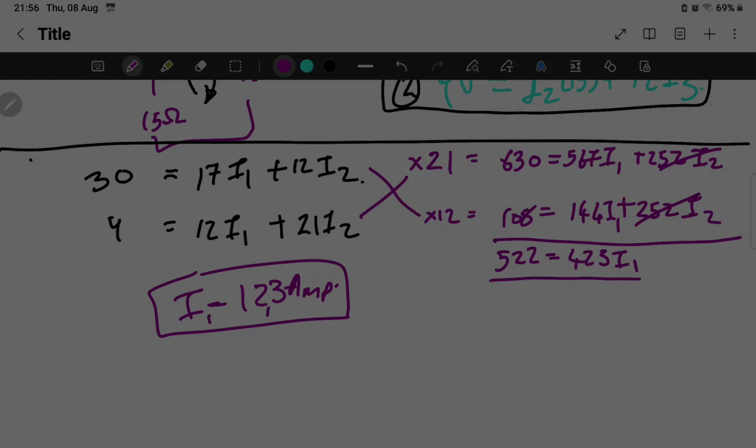And then therefore you can choose any one of these equations and you can get your I2.